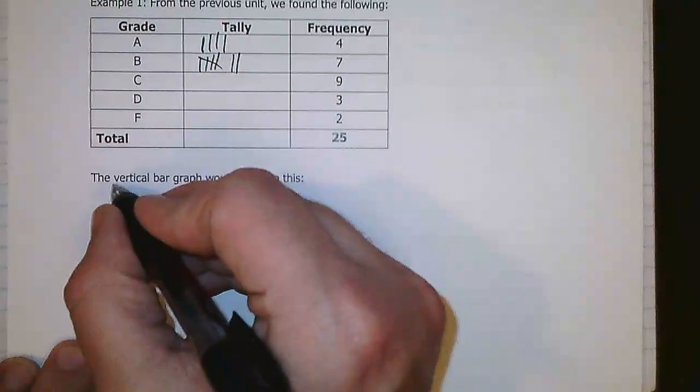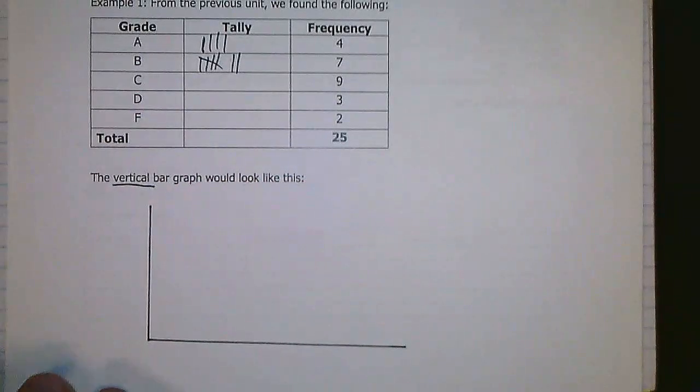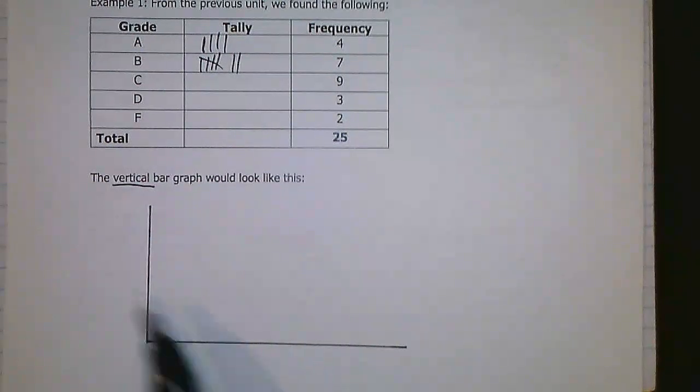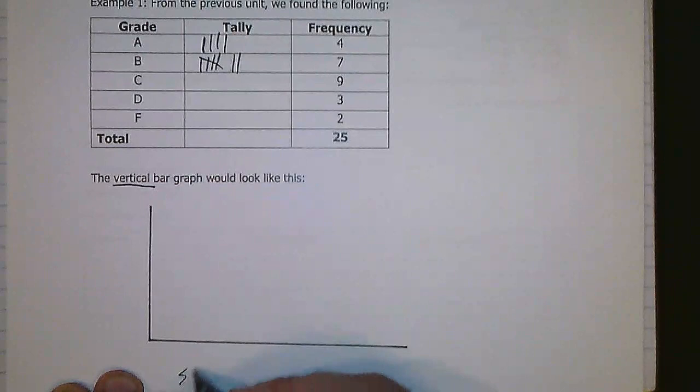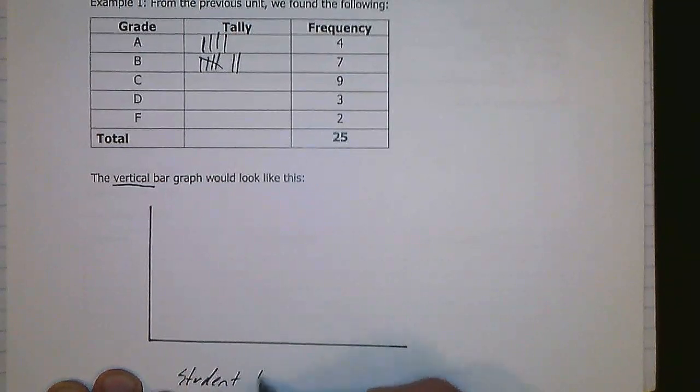We are making a vertical bar graph, which means that the type or description goes on the horizontal axis. So that will be the grades, the student test grades.